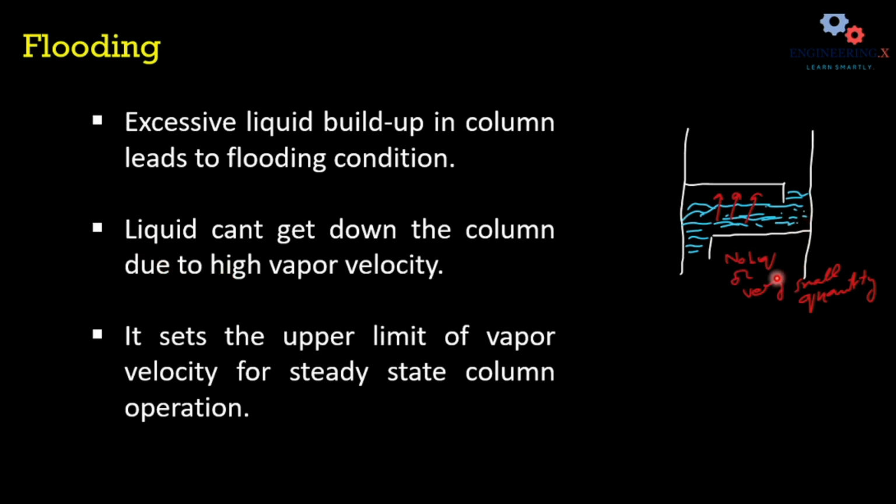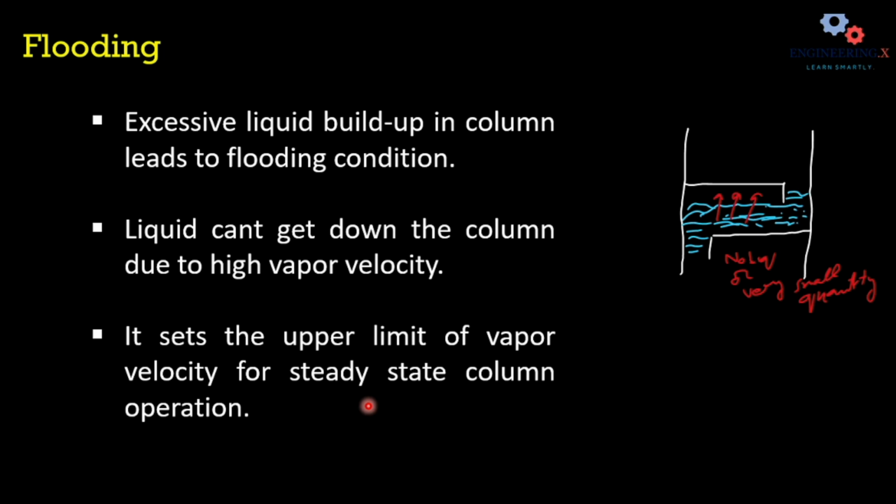In this condition, liquid cannot get down the column due to the high vapor velocity. So this vapor velocity is set as an upper limit of vapor velocity of a column for steady state distillation column operation. So this is one condition that is called flooding.